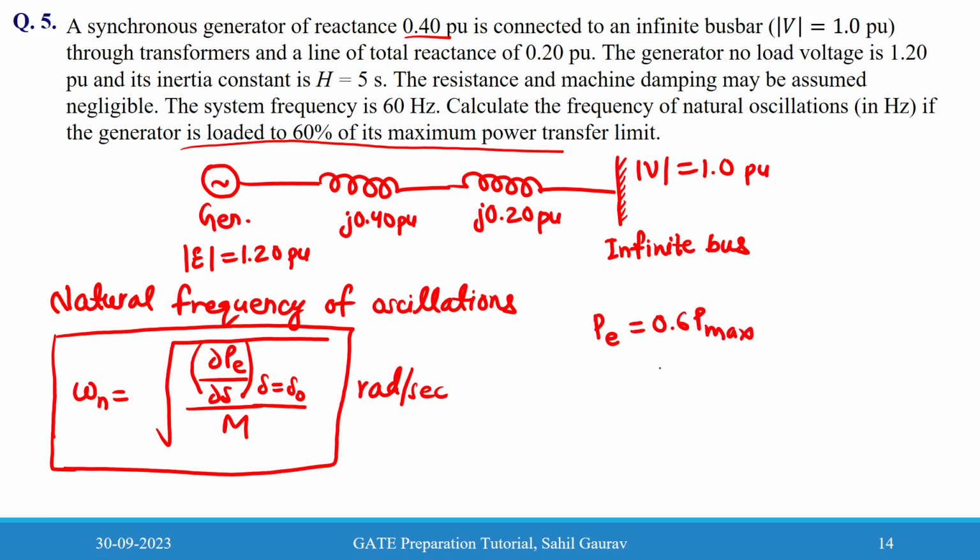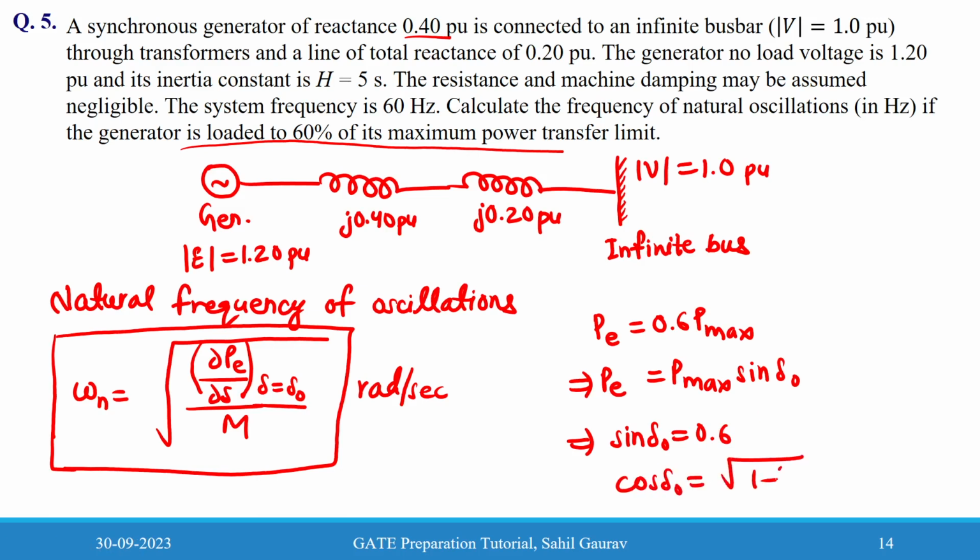So we know that electrical power is also equal to P max into sine delta naught. So from here we will get sine delta naught is equal to 0.6, and cos delta naught we will take as the square root of 1 minus 0.6 whole square, that will be 0.8.